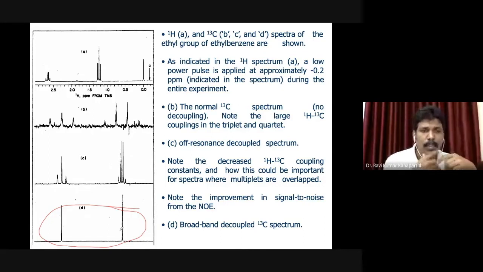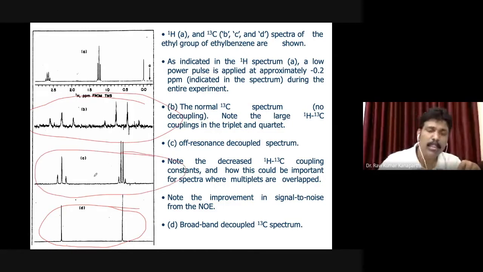Okay, that is the decoupled spectrum, and this is the coupled spectrum. And exactly the middle one is the off resonant spectrum. You can see the coupling here. This much is the coupling. Here the coupling is retained with a lesser coupling constant. Therefore, this is really good. Why do we need the coupling? Coupling information is very much important.